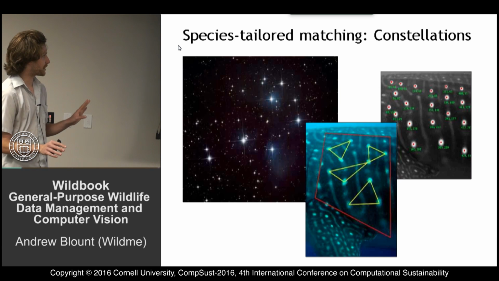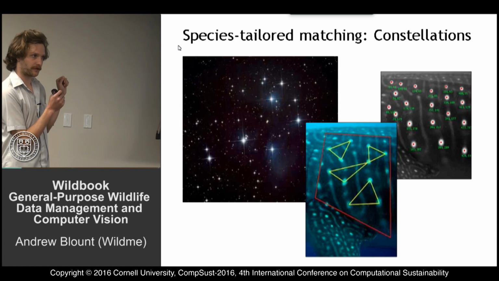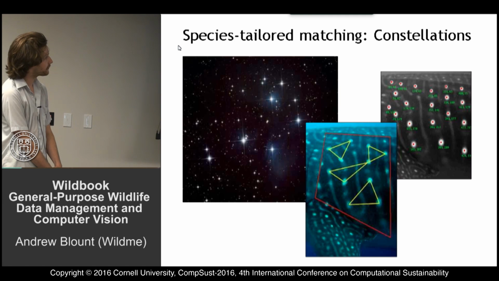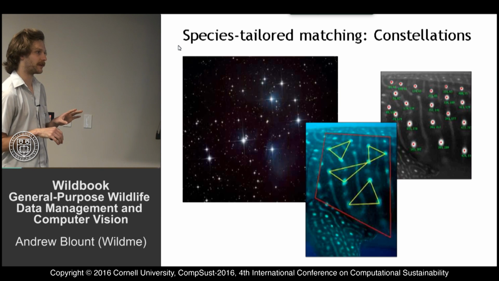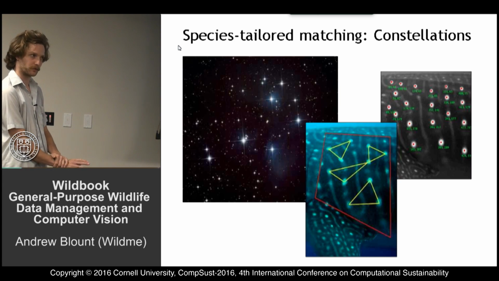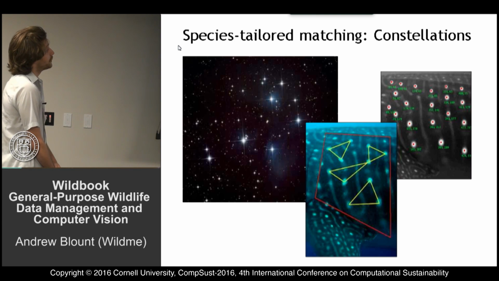When you have two photos of the same whale shark, you can draw all the triangles possible between those spots in a given region. If the photos are of the same individual, there should be an affine transformation that makes all the triangles line up with each other. But that won't work if it's a different individual.